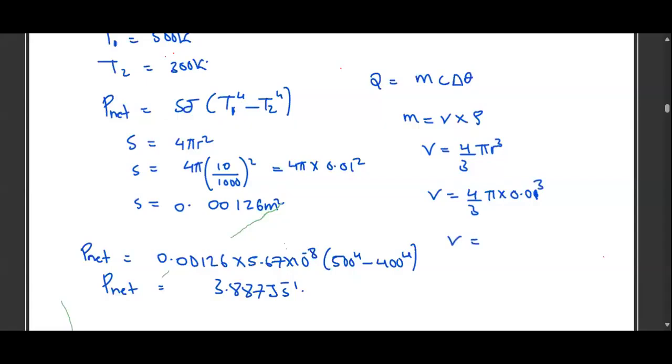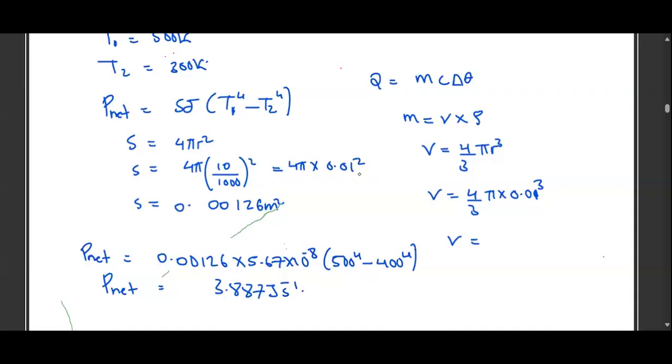So our volume is 4 divided by 3 times pi times 0.01 power 3.